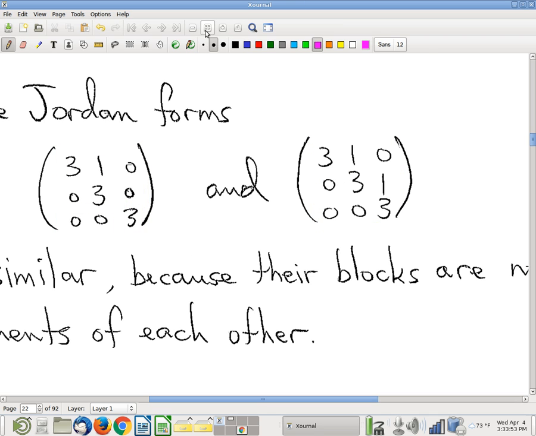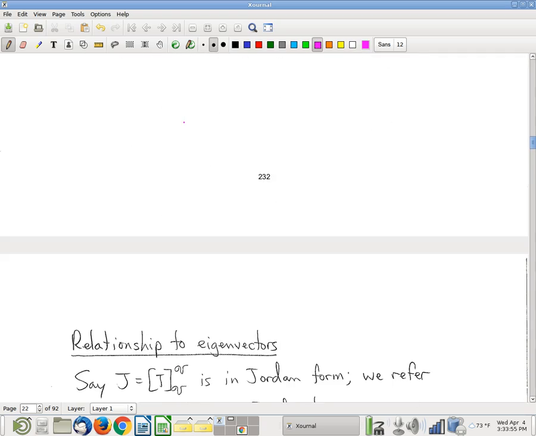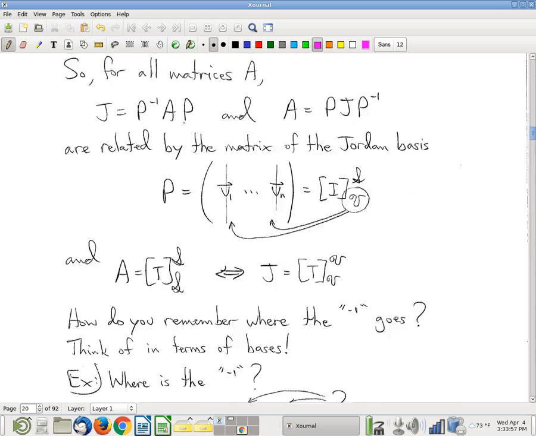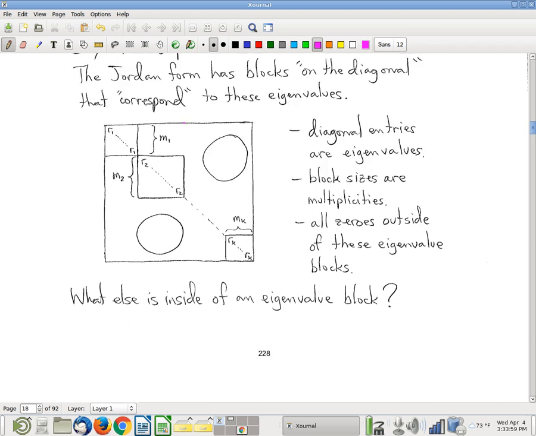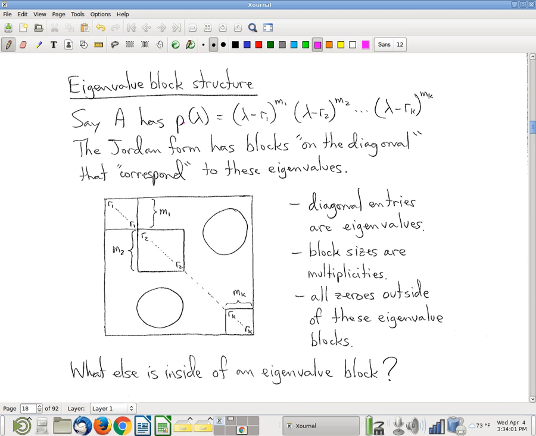Okay, there's another thing I want to talk about now. I glossed over something when we were talking about the structure of Jordan canonical form. Let me remind you. We talked about the eigenvalue block structure. This is the large-scale structure of the matrix, and we have these big blocks called eigenvalue blocks. At least that's what I call them.